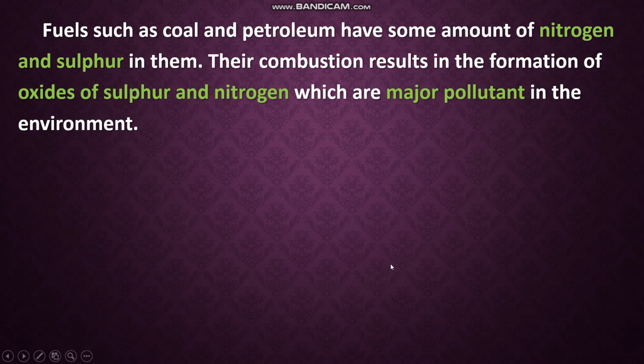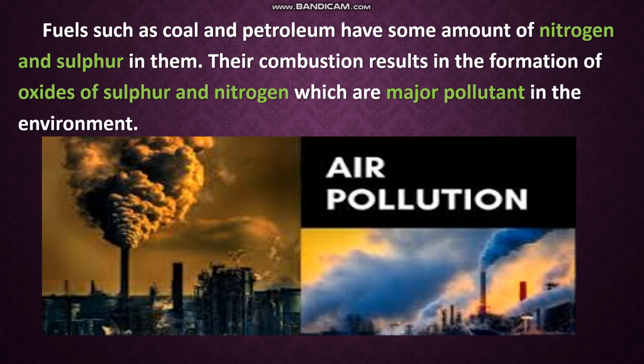Next, fuels such as coal and petroleum have some amount of nitrogen and sulfur in them. Their combustion results in the formation of oxides of sulfur and nitrogen, which are major pollutants in the environment. We already know coal and petroleum cause pollution. What is the reason for this? In coal and petroleum, there are some amounts of elements like sulfur and nitrogen.